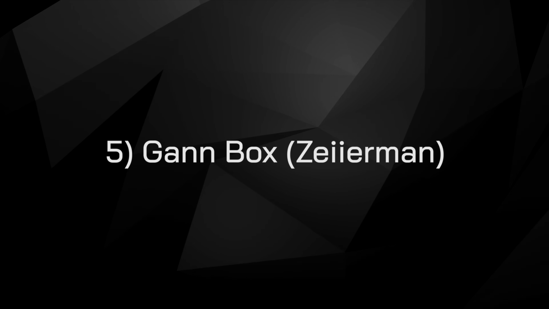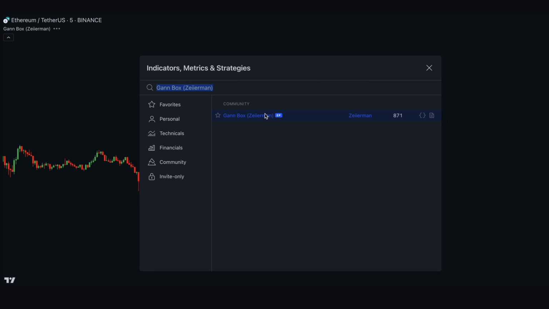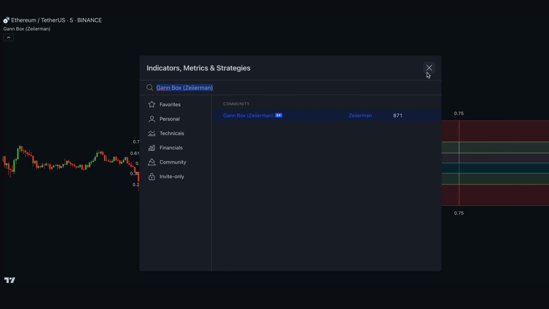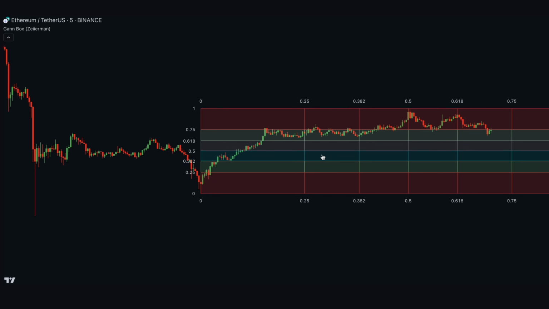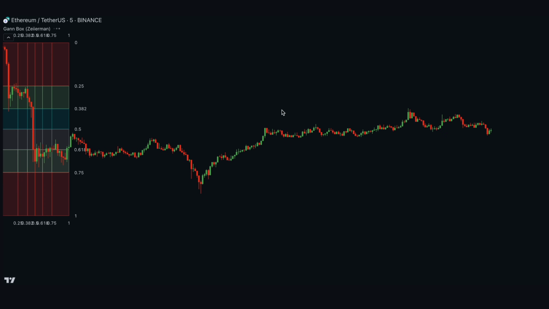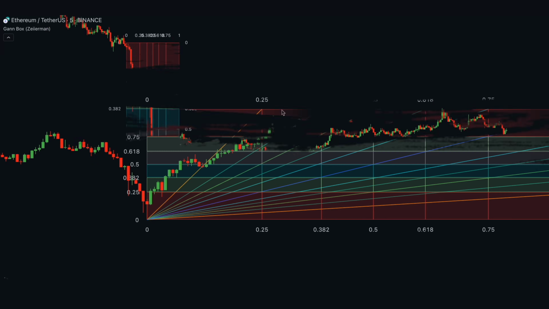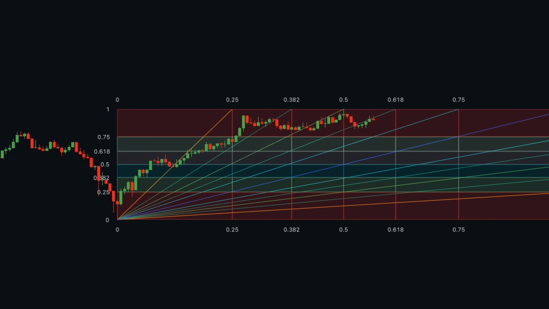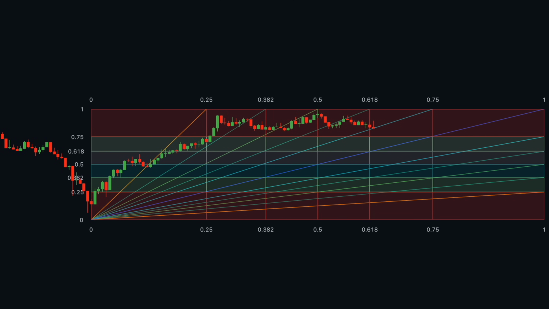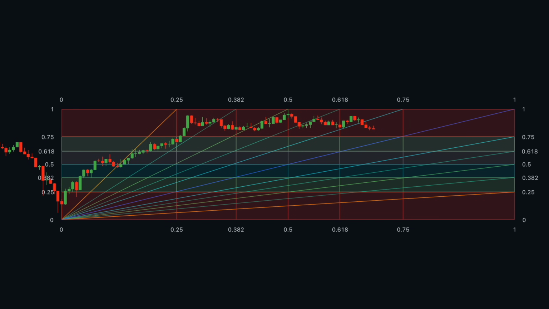Next up in my ranking is an indicator called the GAN box by Zierman. The GAN box is an indicator that generates visual insights using the principles of W.D. Gann's trading methods. Gann's techniques are based on geometry, astronomy, and astrology, and are used to predict upcoming price levels and market trends.